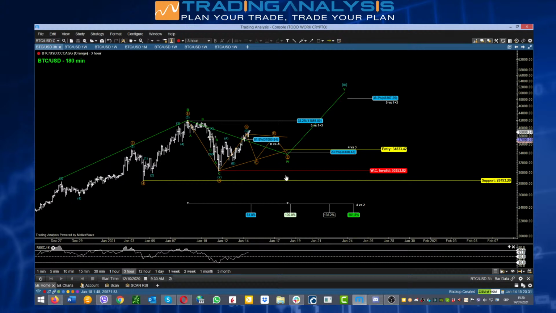This kind of approach is much better. It gives you more optionality, more control of the risk, and it is much better for your anticipation analysis and trading. So I'm going to look for a triangle.